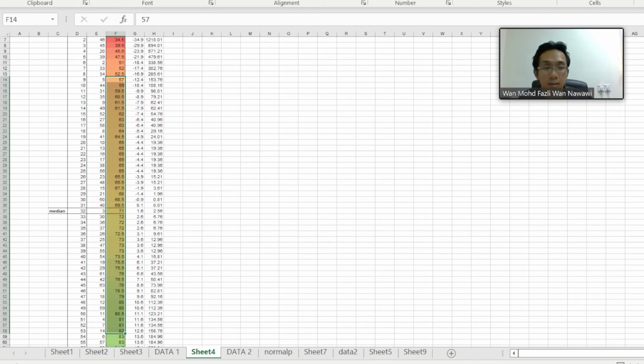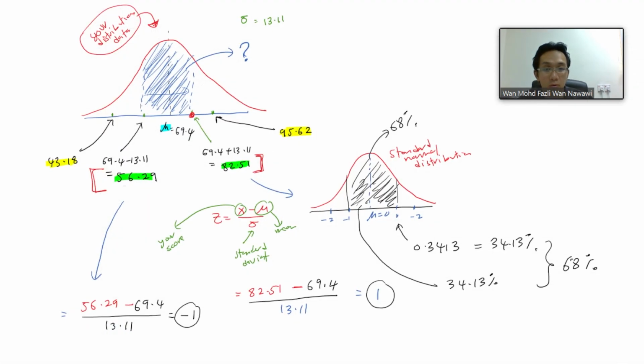So that's basically how you apply this to your data.